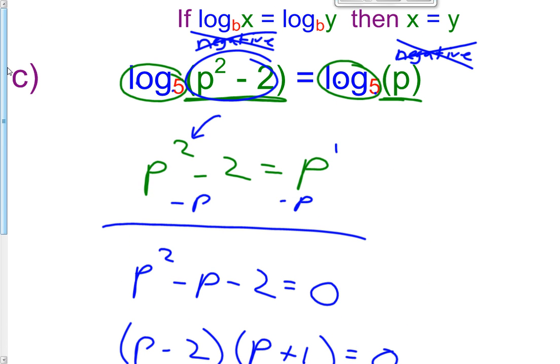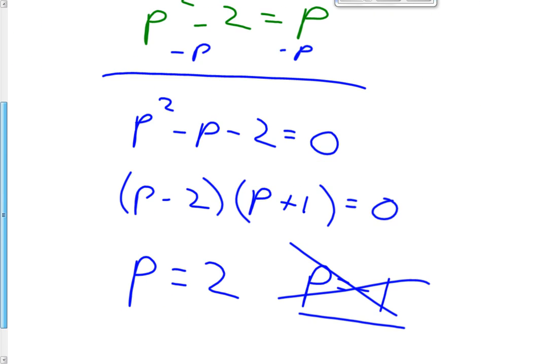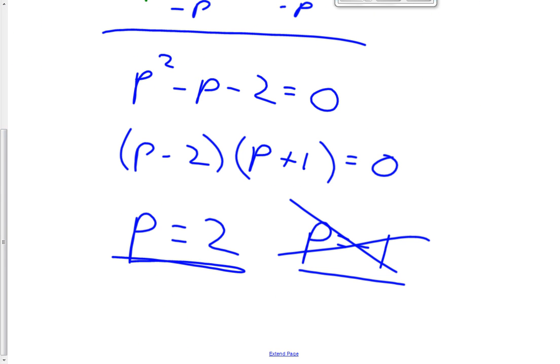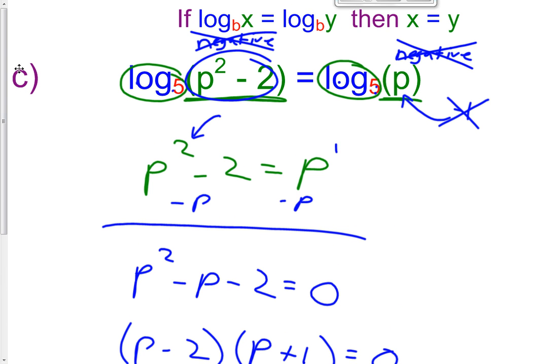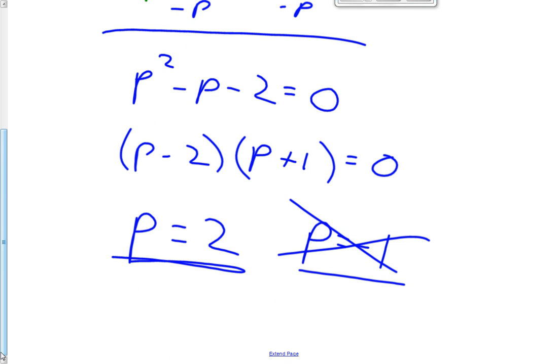It does not work because the log base 5 of negative 1 is impossible. So we're not going to have that one. And we should check this positive 2 as well. 2 squared minus 2: 2 squared is 4, 4 minus 2 is 2. And we can take the log base 5 of 2. That's just fine. So we do have a good solution in p equals 2, but it's only p equals 2, not p equals negative 1.